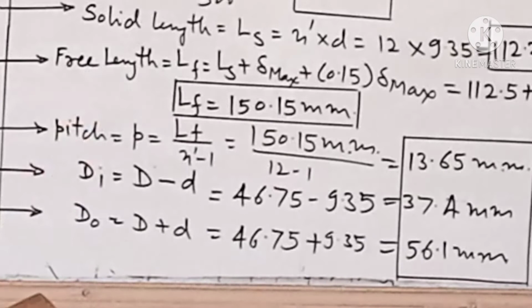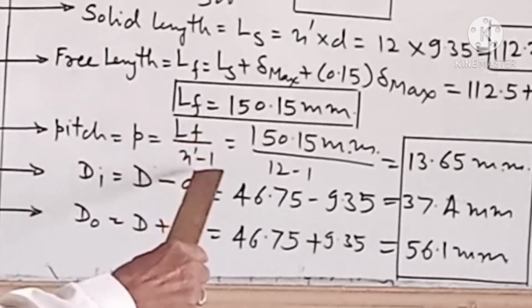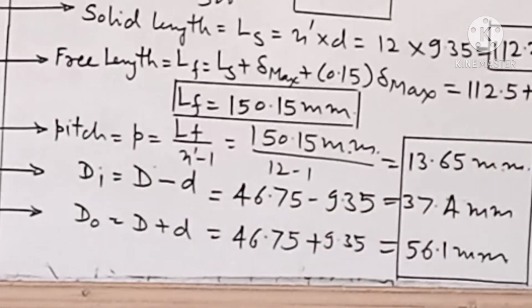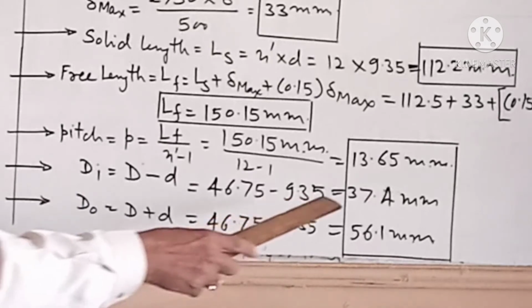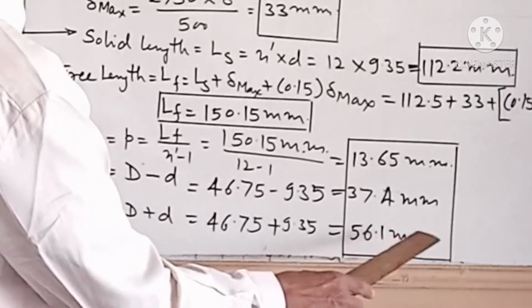Now pitch, we calculate from the formula P is equal to LF upon N dash minus 1. So pitch comes out to be 13.65 millimeter, and inside diameter DI comes out to be 37.4 millimeter, and outside diameter to be 56.1 millimeter.